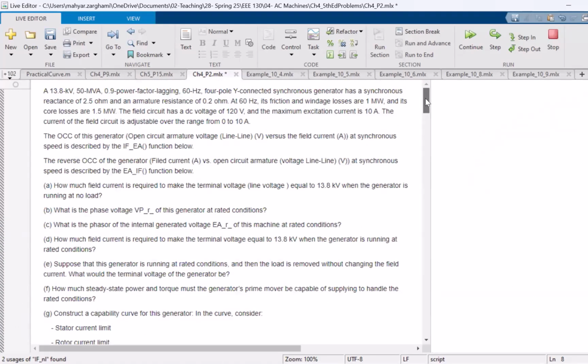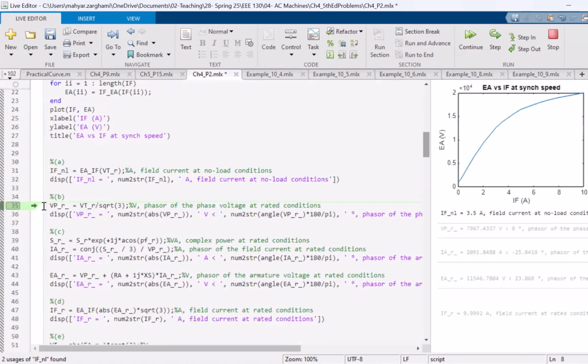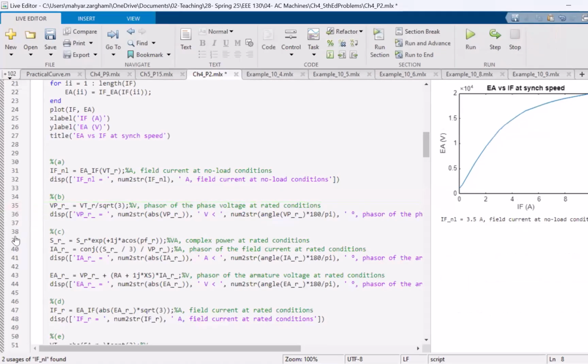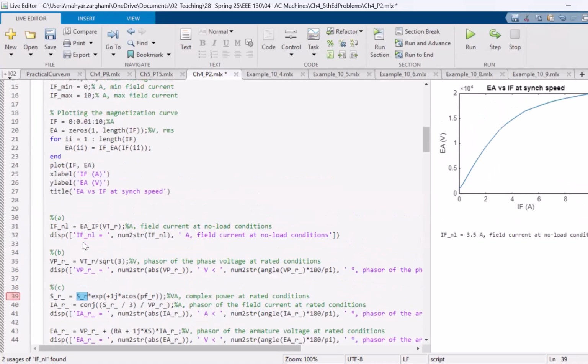That's the second part. Then the third part: what is the phasor of the internal generated voltage at rated conditions? So the terminal versus basically the internal. Here is what we need to do. We need to find the complex power at rated conditions. The complex power comes from the apparent power, S rated.